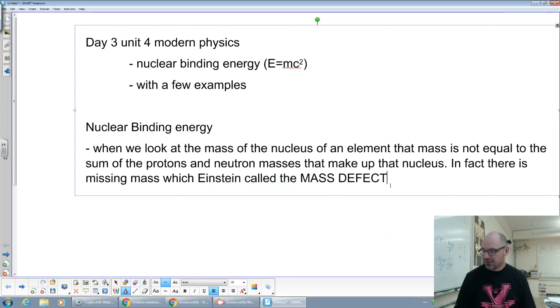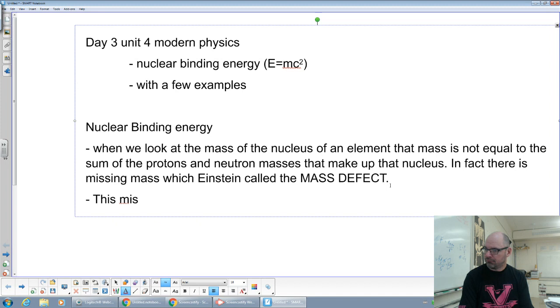Got those backwards. Okay. This missing mass is assumed or theorized to be the nuclear binding energy of the atom.